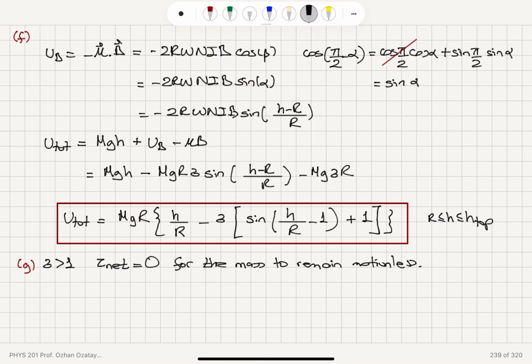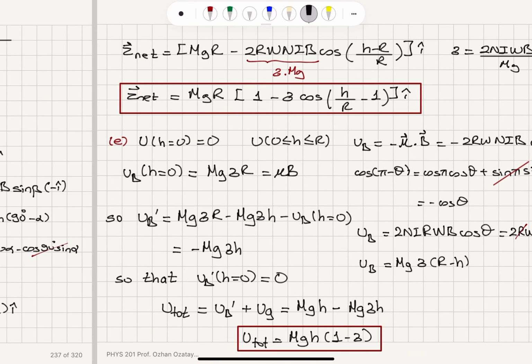And for h between 0 and r, the net torque we have calculated was h(2r minus h) square root, mg (1 minus sigma) i hat.